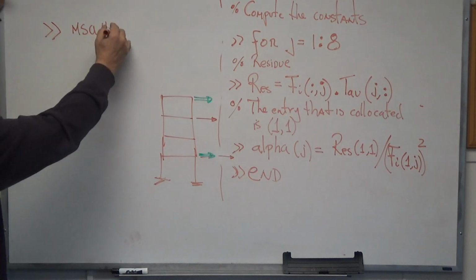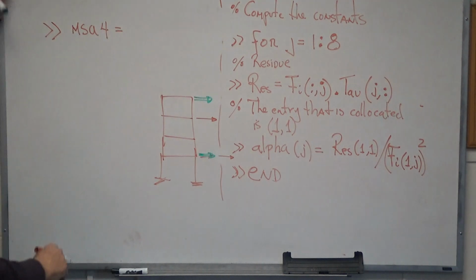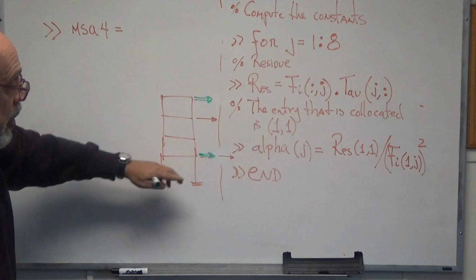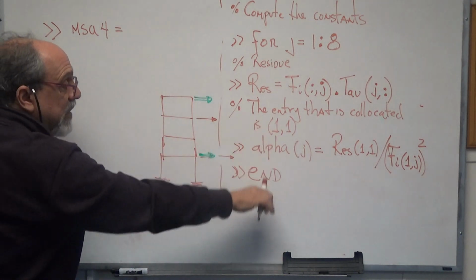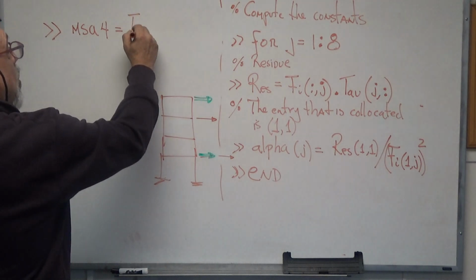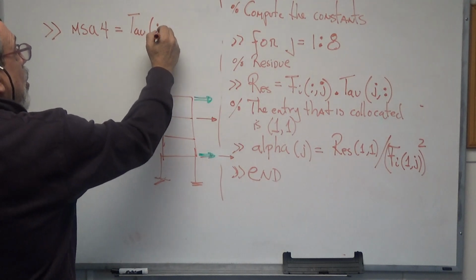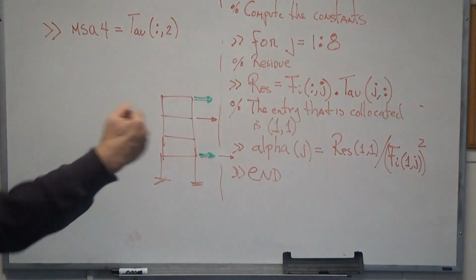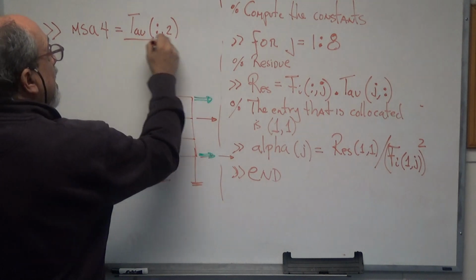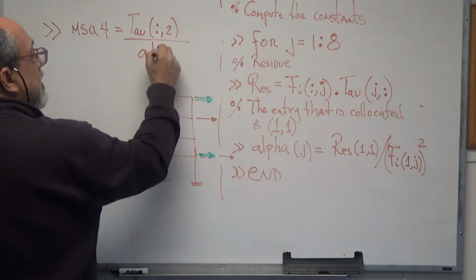This is not what I would do, but for clarity, the mode shape at coordinate 4 here, which is not known because we only have it at 1 and 3 in the phi, would be simply obtained by recognizing that it is equal to tau, the second entry, because that's the one that corresponds to the second input, which is at 4, divided by the alpha.